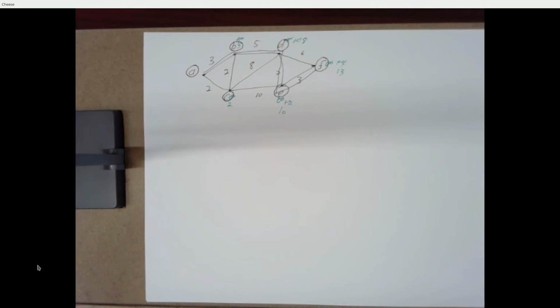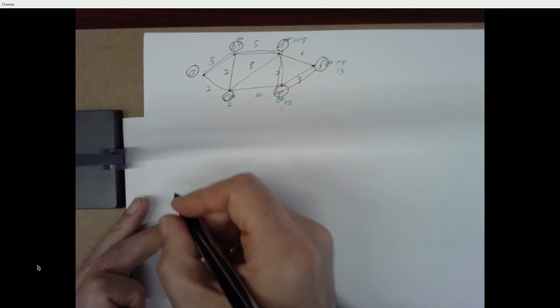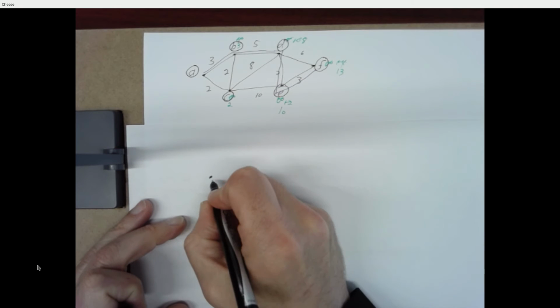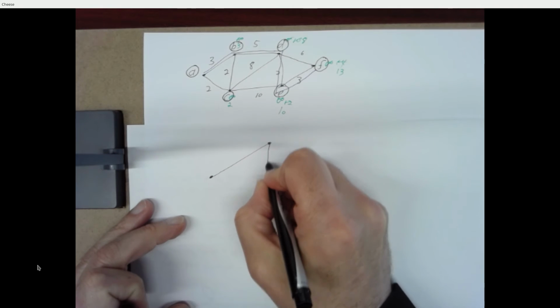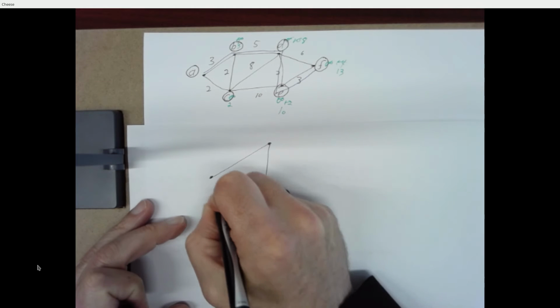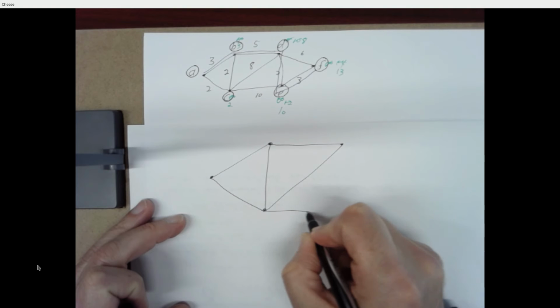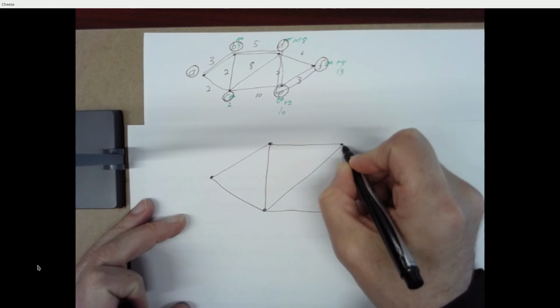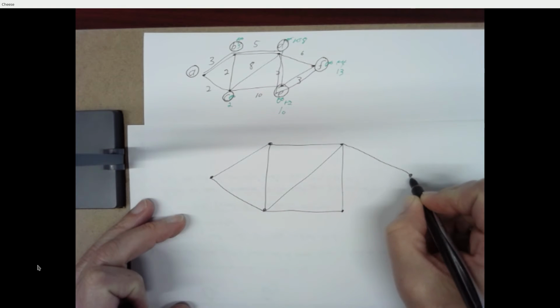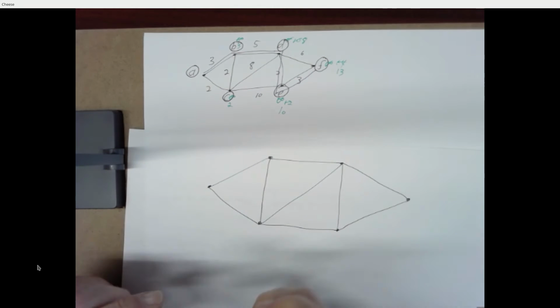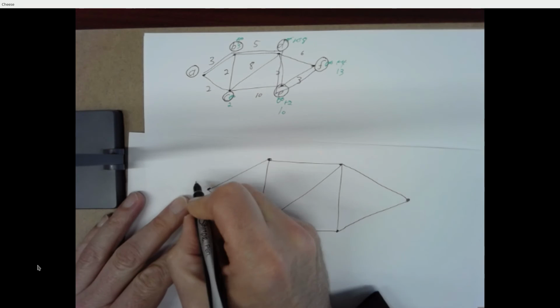So let's redraw this with more space. In addition to keeping track of the distance, we also want to keep a list of the nodes that got us there.